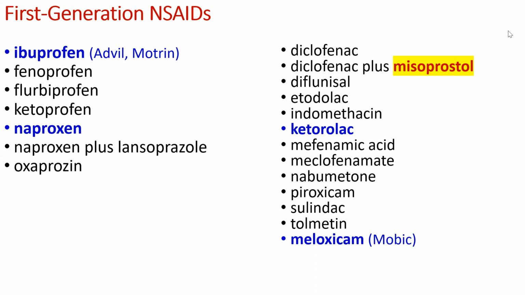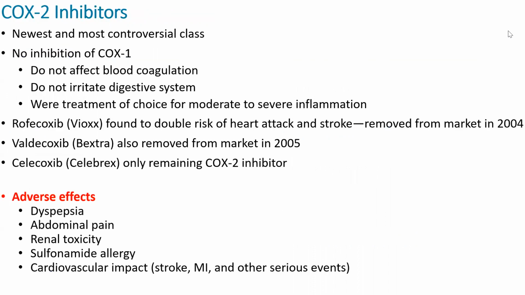The NSAIDs are all similar: they all have the same mechanism of action. They inhibit both COX-1 and COX-2.